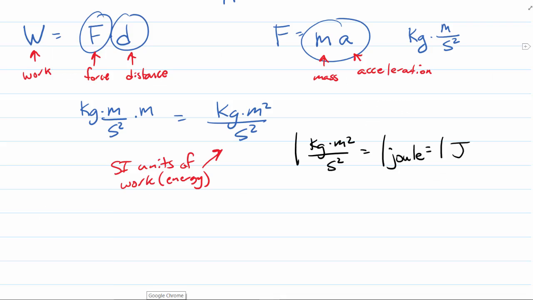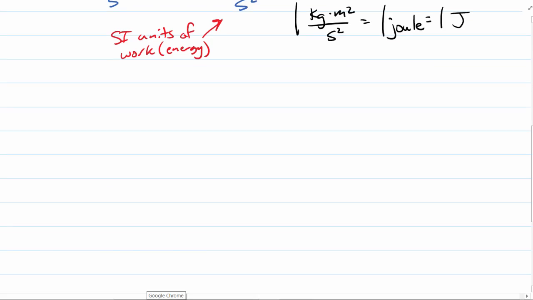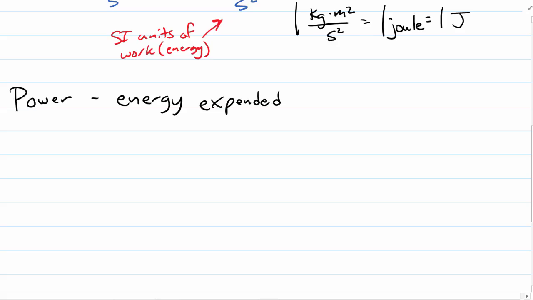Another set of units that we are going to use would be units of power. We define power as the energy expended per unit of time. So we need a formula, don't we?